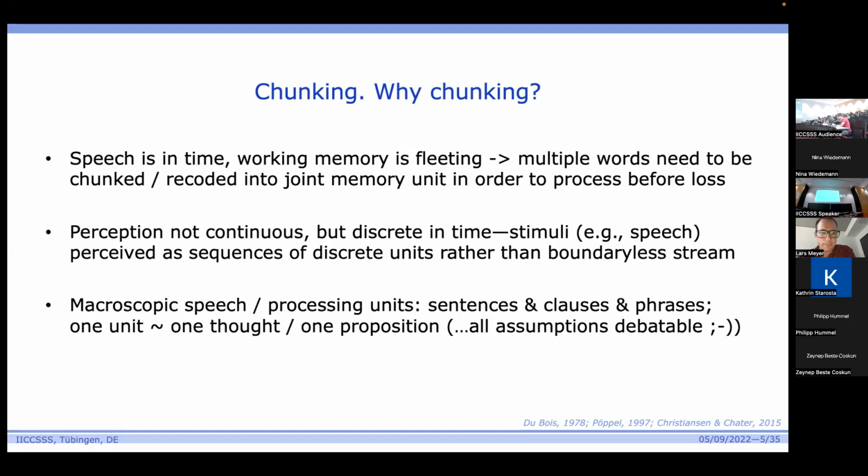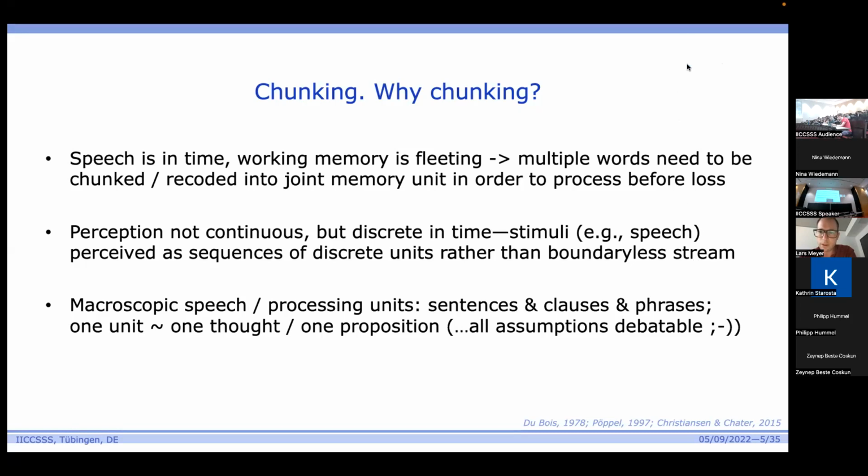And here, when I'm talking about chunking, because I'm coming from the syntax camp originally, I'm interested in the macroscopic speech processing units, such as sentences, clauses, and phrases.